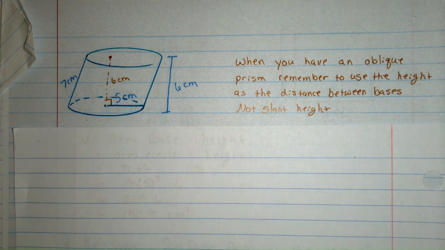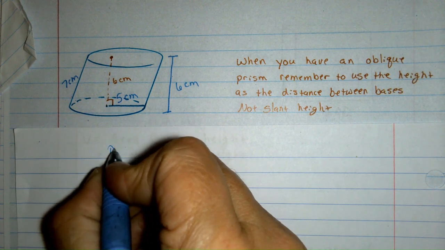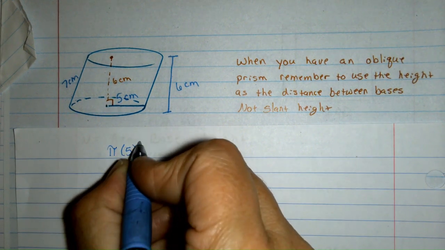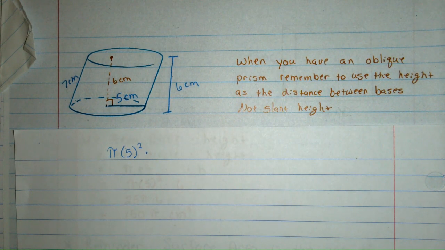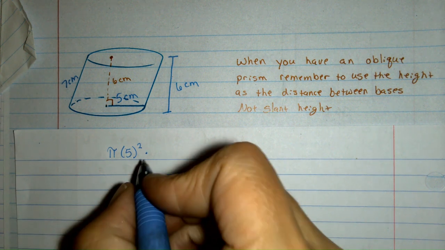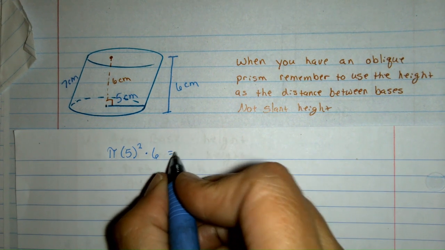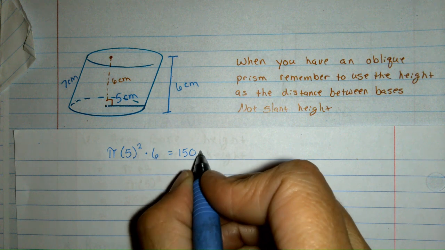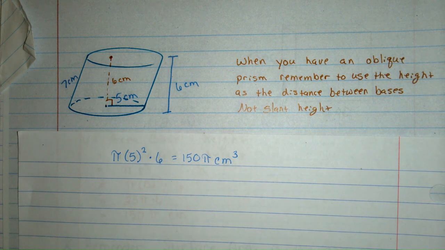So we have a circle for the base. So the area of that would be pi times our radius squared. Then we multiply it by the space between the two circles. 7 centimeters is not the shortest distance between the two circles. 6 centimeters is. So we would have 25 times 6, or 150 pi centimeters cubed, or cubic centimeters.